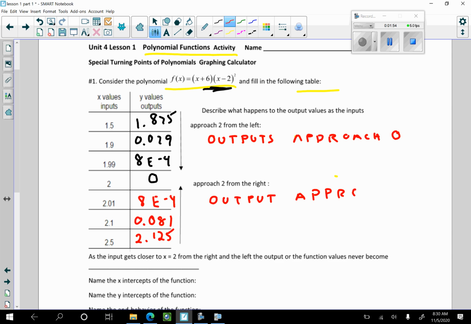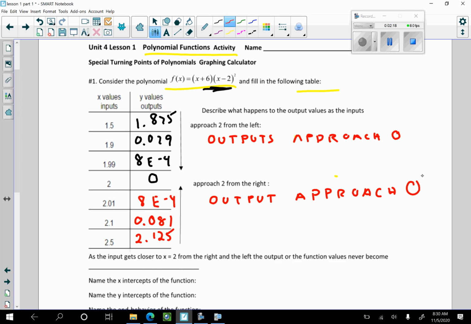But what I want you to see about this, what do we know about the outputs close to 2 from the left? What do you know about these outputs right here? All of them, 1.875, are positive, correct?